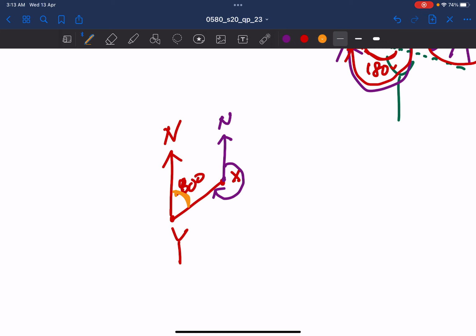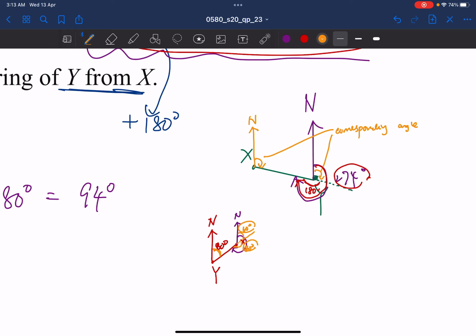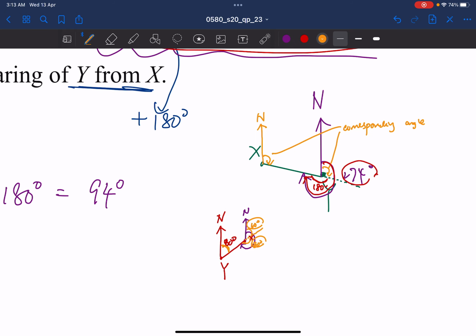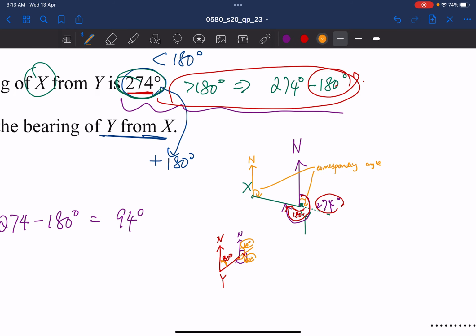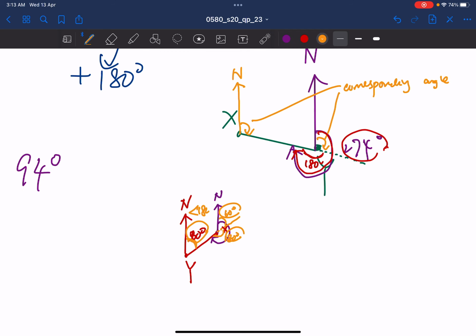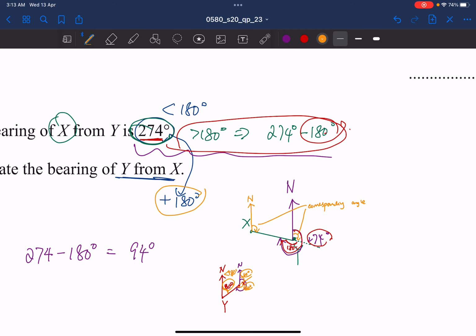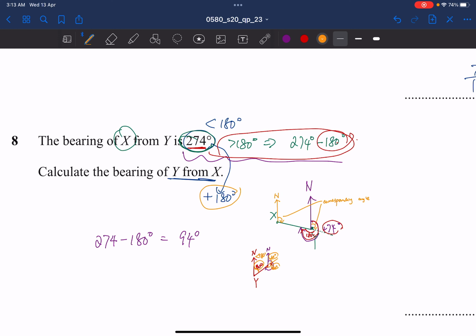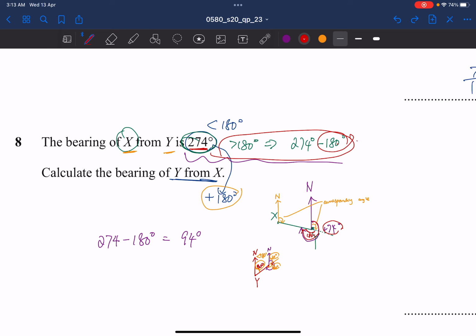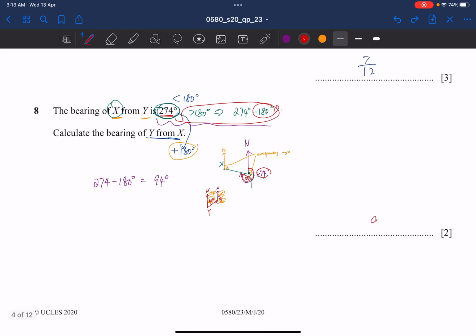If we extend this line, this is also 60 degrees, and this is 180 degrees. So when you add up these two numbers, it will be the bearing of y from x. So when this number is less than 180 degrees, we add 180 degrees to change the bearing from x from y to y from x. So that's all for this question. 94 degrees.